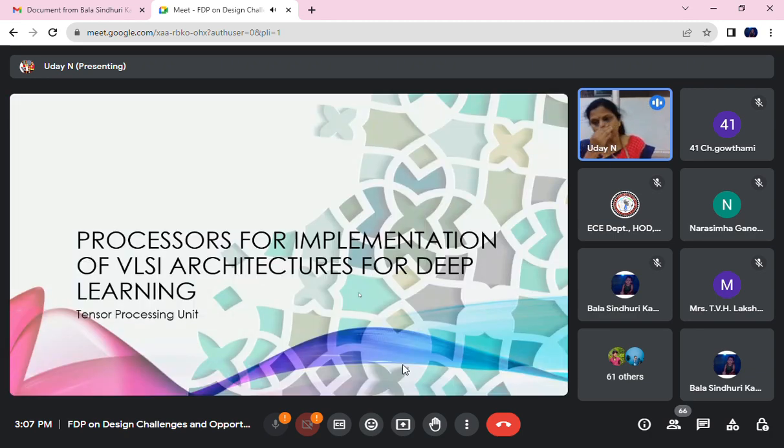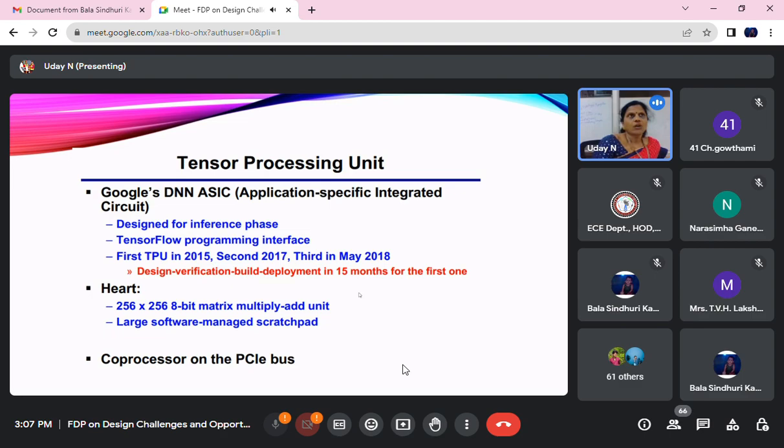So let us learn in brief about the processors for implementation of VLSI architectures for deep learning, starting with the tensor processing unit. Google has developed this tensor processing unit, which is an application specific integrated circuit. The first TPU was brought forward in 2015, and the latest one in 2018.